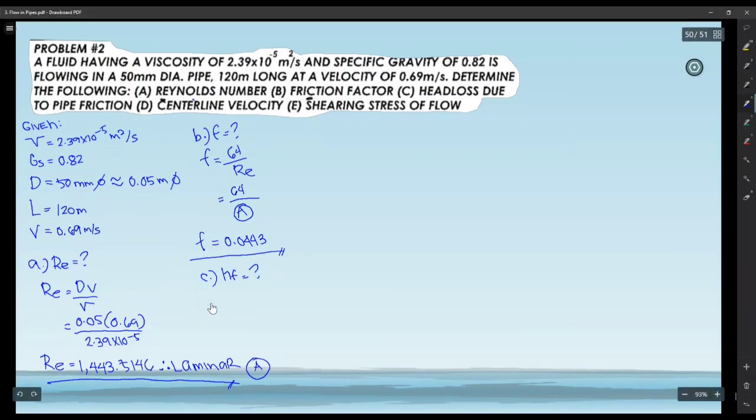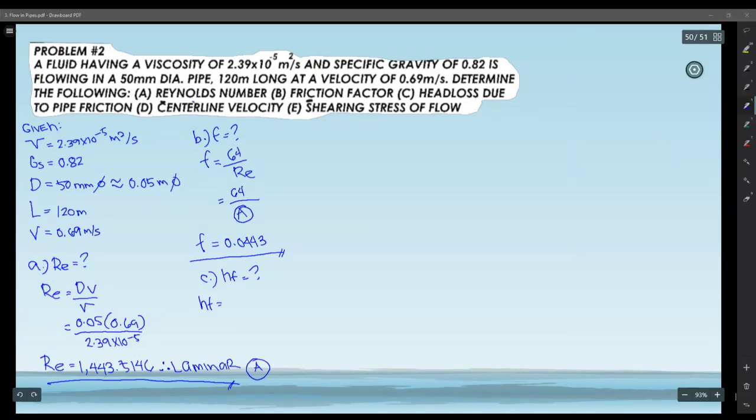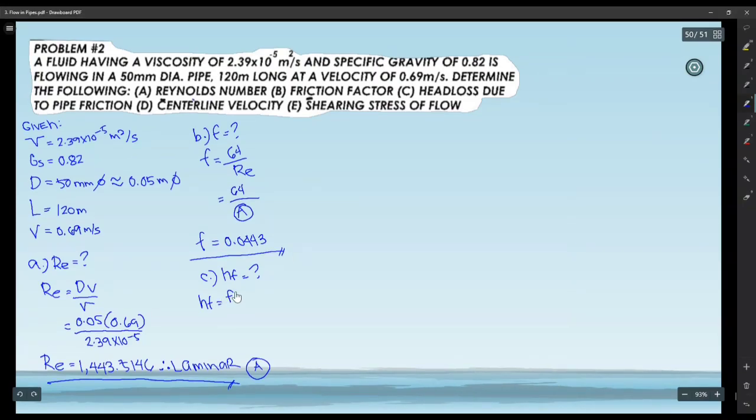Di ba, yung formula natin for head loss is equals lang sa friction factor multiplied by the length of the pipe all over D times the velocity head, or V squared all over 2g. So, substitute lang natin since nakuha na naman natin lahat. Yung sagot natin dito, pwede mong pindutin ulit sa calcu or ang gagawin ko, i-store ko siya sa value ng B.